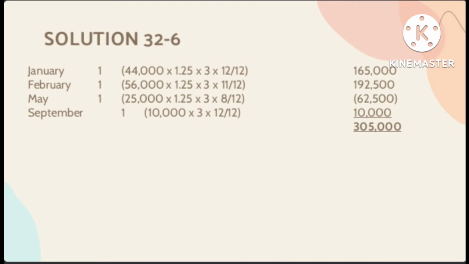We remember that this transaction happened on January 1, meaning it is effective for the whole year. The total is 165,000. February 1, 56,000 times 1.25 times 3 times 11 over 12. This has a total of 192,500. May 1, 25,000 times 1.25 times 3 times 8 over 12. This is negative 62,500.